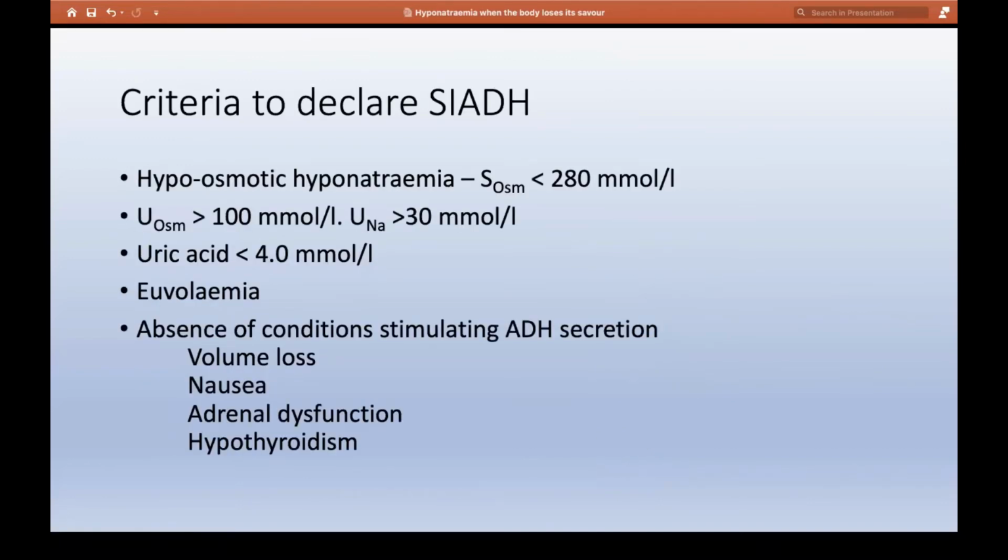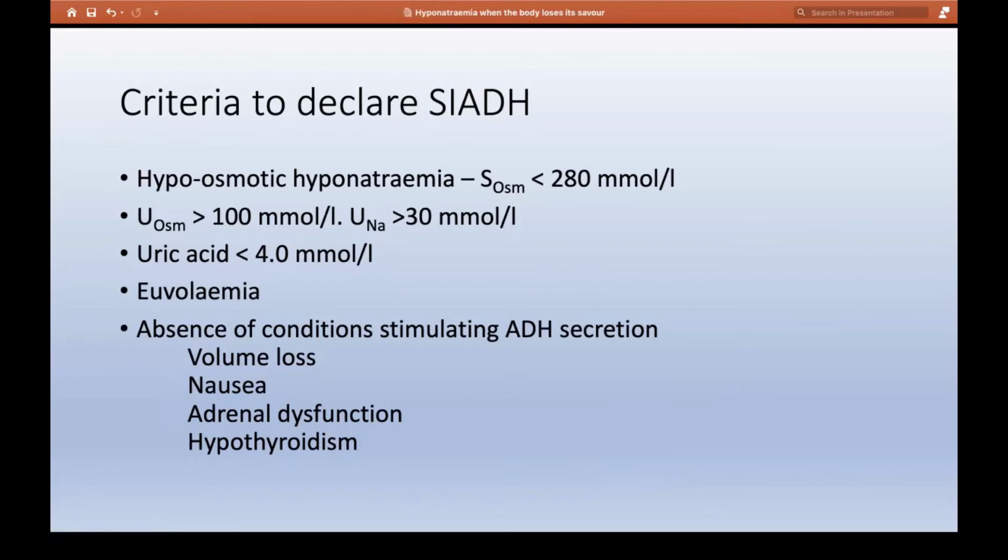So what are the criteria to declare that somebody has SIADH? First and foremost, we have to remember that these patients have hypoosmotic hyponatremia, so the serum osmolality should be less than 280.